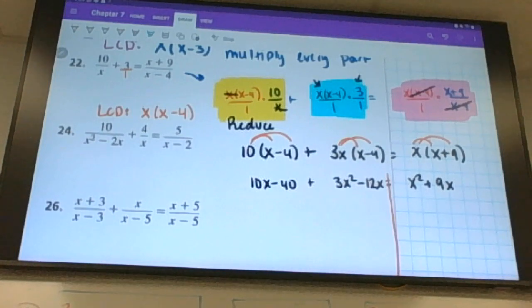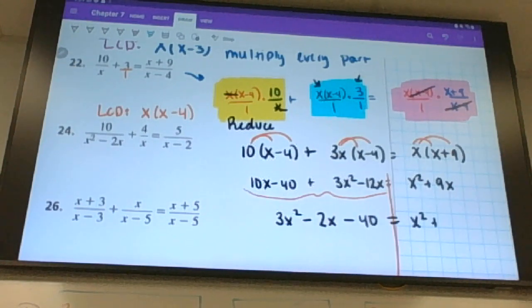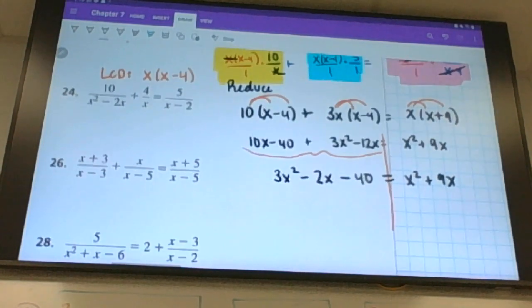So I guess first I'm going to simplify all this. That's 3x squared minus 2x minus 40 equals x squared plus 9x. This is 2x squared. Move the 9x over as well. Minus 11x minus 40 equals 0.